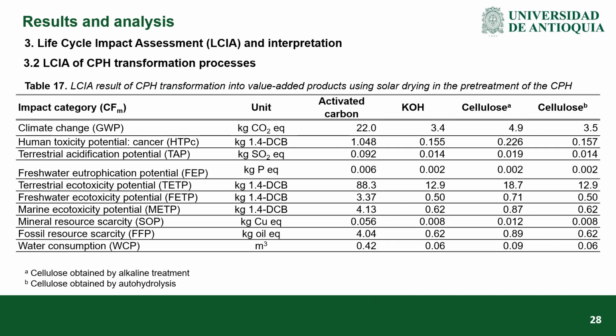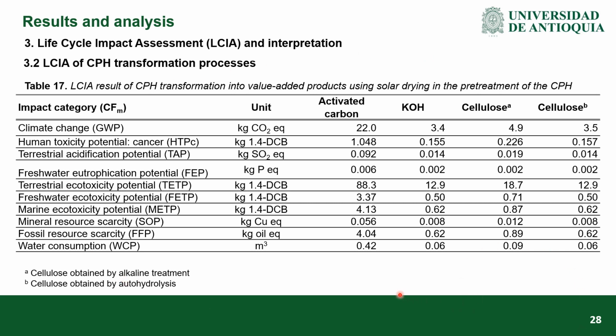As I mentioned, consider that the solar drying for CPH can be carried out without affecting the other stages of the transformation process. The life cycle impact assessment results correspond to these scenarios shown in this table.